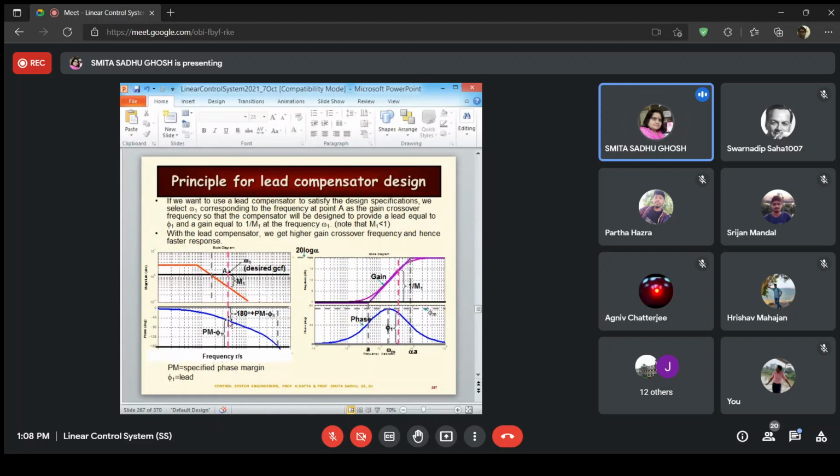So this is going to be minus 180 degrees plus PM minus phi 1. This is the phase that I'm looking at, and that is equal to, say, minus 186 at 8 radians per second, right? So what will be the value of phi 1 that I want? That will be minus 180 degrees plus PM, which will be minus 135 degrees for us. So minus 135 degrees minus phi 1 is equal to minus 186. Can anybody tell me how much my phi 1 will be?